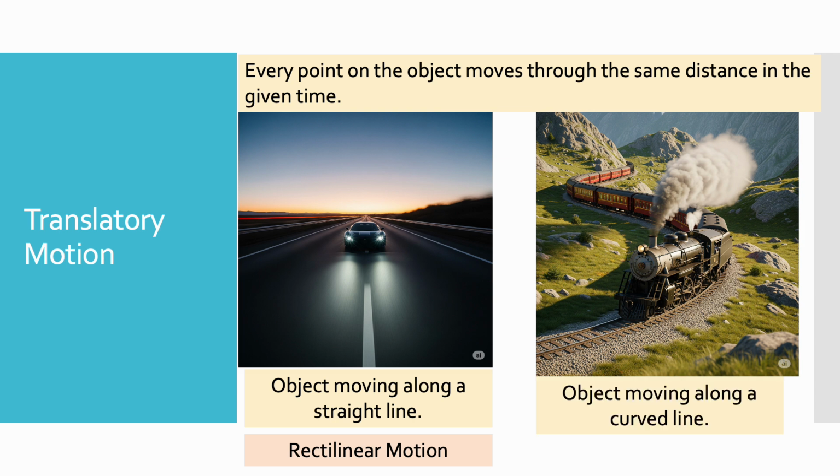Curvilinear motion, this is when an object moves along a curved path. For example, a train moving along a bend in the track or a roller coaster. In both types, the object is moving from one place to another, but the path it takes is what defines the type of translatory motion.